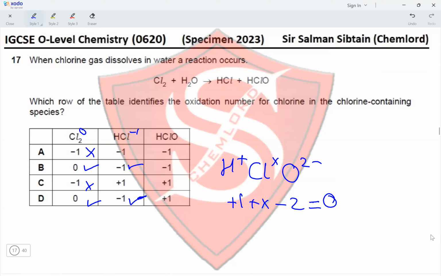So +1 and -2 would become -1, so x minus 1 equals 0, and x would be equal to +1 when it changes sides. So the value for x would be +1, eliminating option B, making option D the correct option for this question.